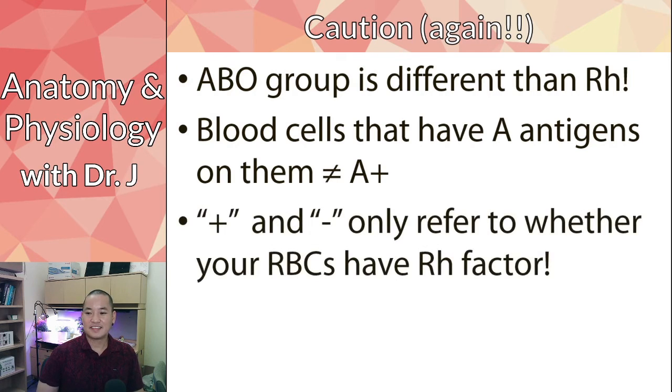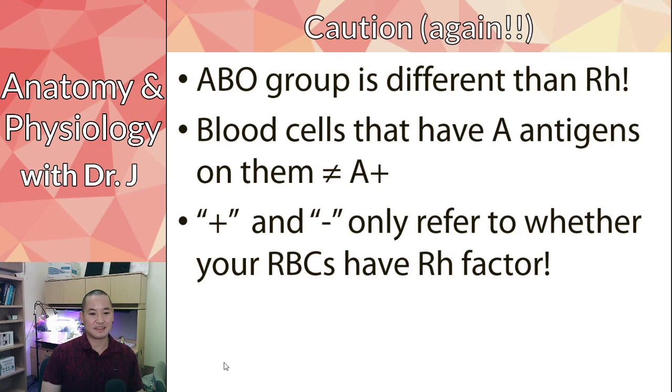Positive and negative only refer to whether your red blood cells have this antigen D or Rh factor. So having type A antigens does not mean you're A positive. You have to test for this additional factor.